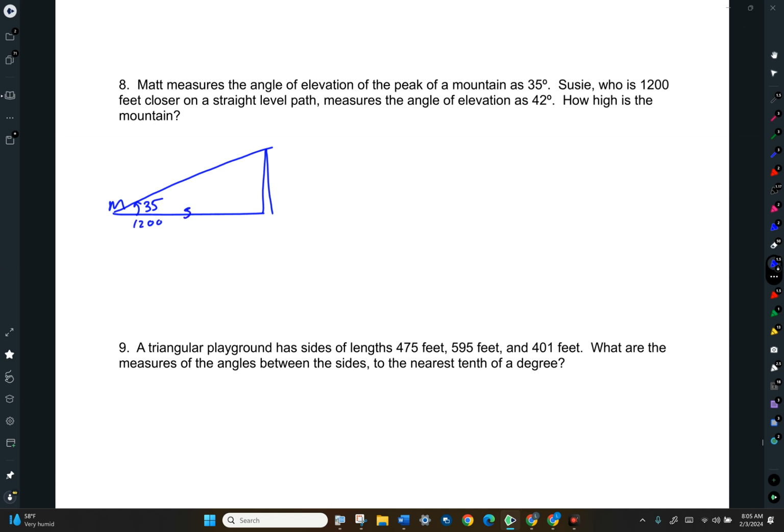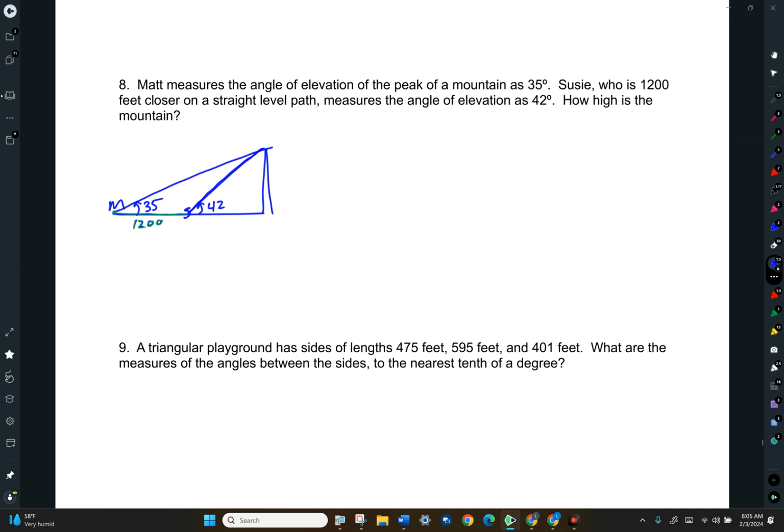She's closer to the mountain than Matt. When we say 1,200, we're talking about from here to here. She measures the angle of elevation as 42 degrees, so when she looks up to the top of that mountain, her angle of elevation is 42 degrees.